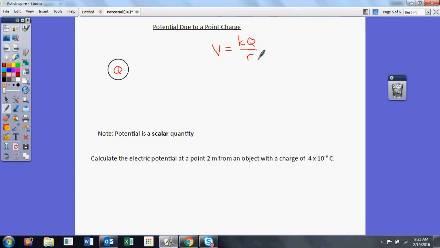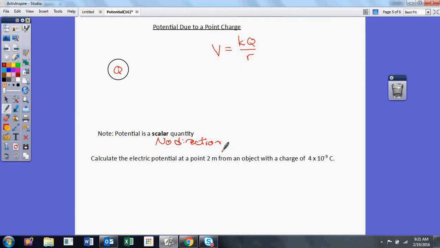We'll do some calculations here in a second. So potential is a scalar quantity. What do we mean by scalar? Remember, that means no direction. So since it has no direction, we don't have to worry about any sort of vector math when we do this.